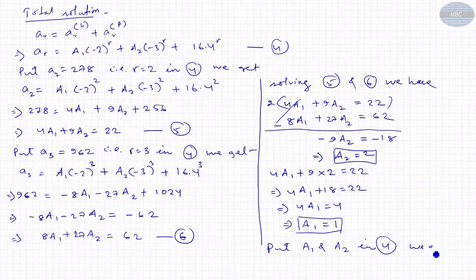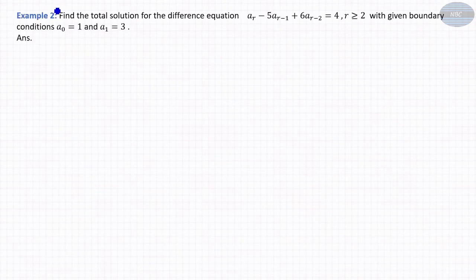We get AR is equal to a1 into minus 2 to the power r plus a2 into minus 3 to the power r plus 16 into 4 to the power r.